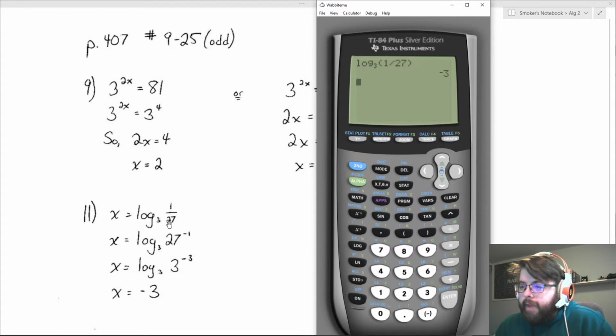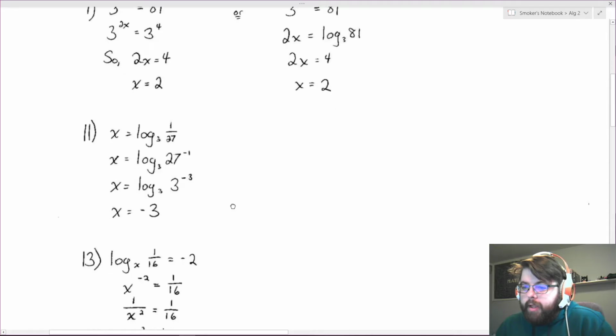But if you don't have that ability, you could always do common log of both sides. So log of 1 over 27, that fraction, over common log of 3, that's the subscripted base. You get negative 3 either way.